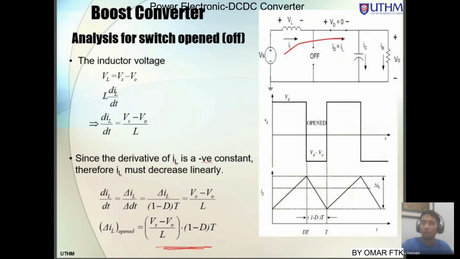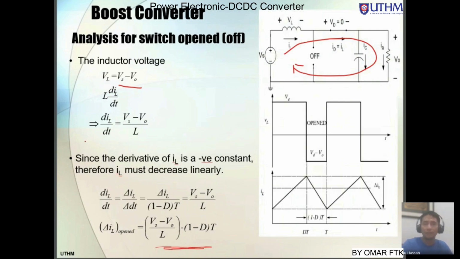So the power will move here and circulate over here. So Vs is equal to VL plus V out, and using that, VL is equal to Vs minus V out. Same as before, replace VL with L dIL/dt.